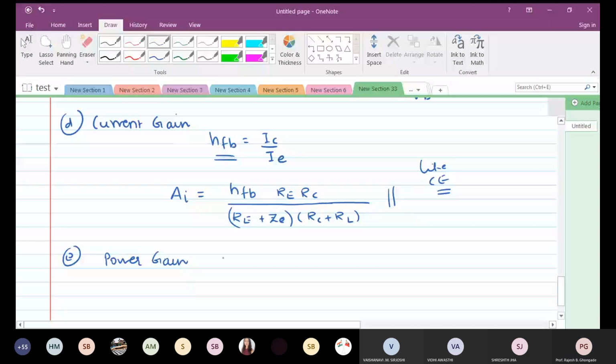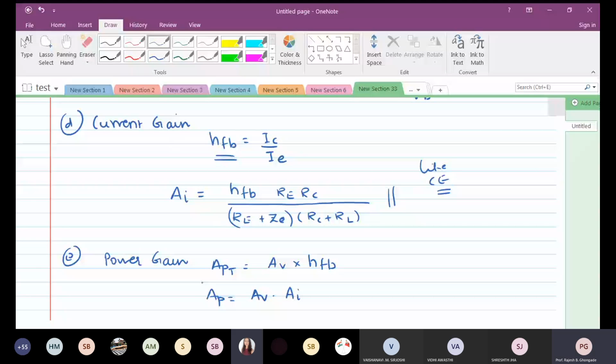Device power gain is AV into HFB, and circuit power gain AP is simply AV into AI. So that is how we get the circuit power gain. All right. Is this okay?